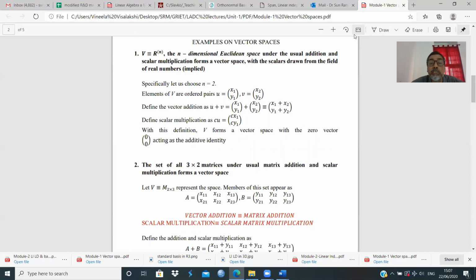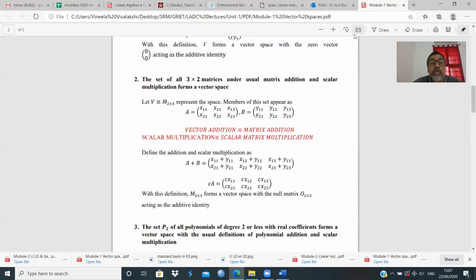Let us take u as (x1, y1), v as (x2, y2). Define vector addition in the normal way and scalar multiplication as usual. And the zero vector will be the ordered pair (0, 0). And you can test all the 10 axioms will be satisfied. So R2 and in general Rn will form a vector space.